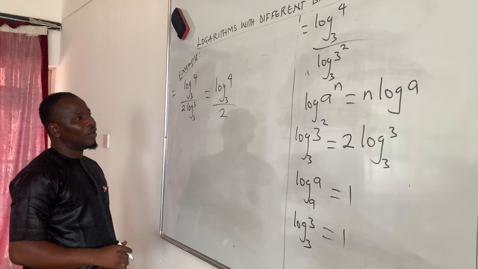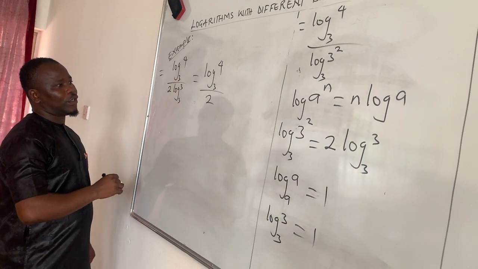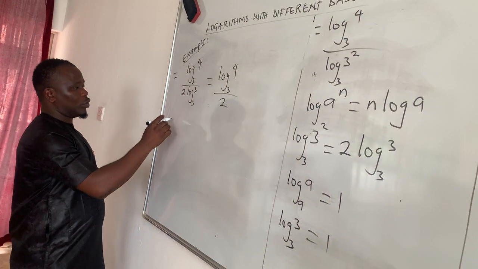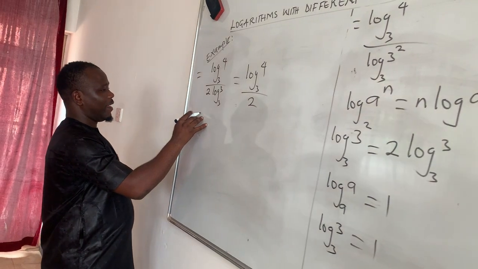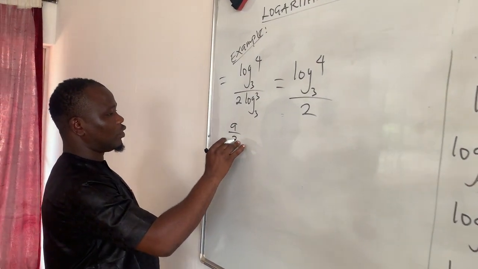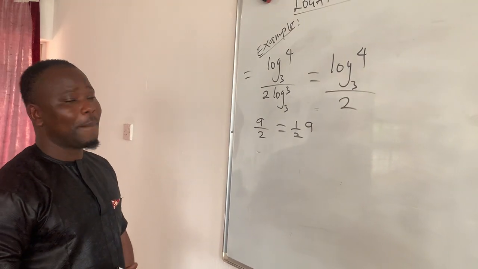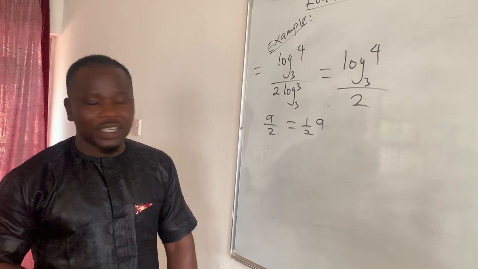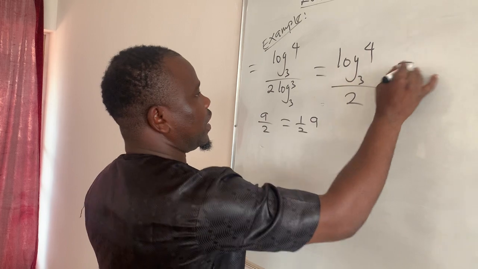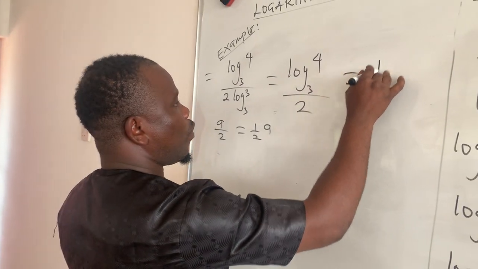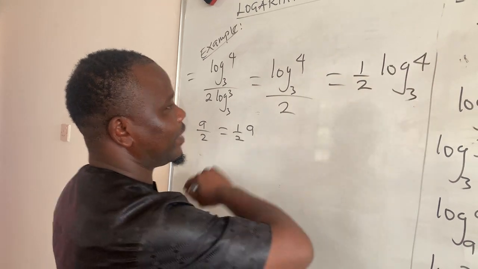Amen? I would like us to note also that a all over 2 is the same thing as 1 all over 2a. Do you understand? It means this is the same thing as 1 all over 2 log 4 base 3.